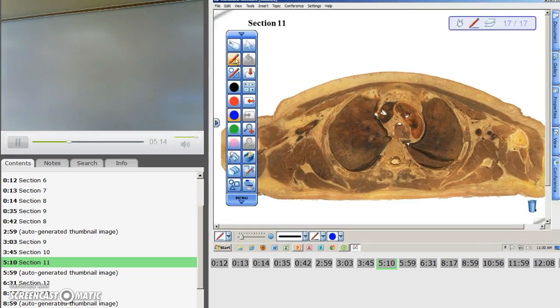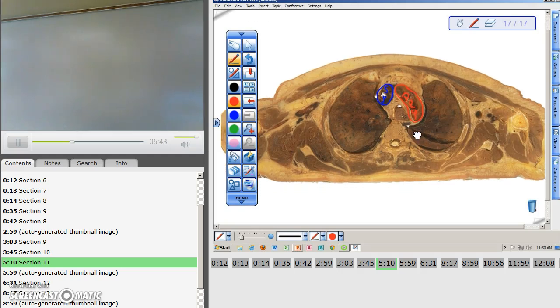Section 11. We have right here the superior vena cava. Superior vena cava. And adjacent to it, on the left side here, we have the aortic arch.